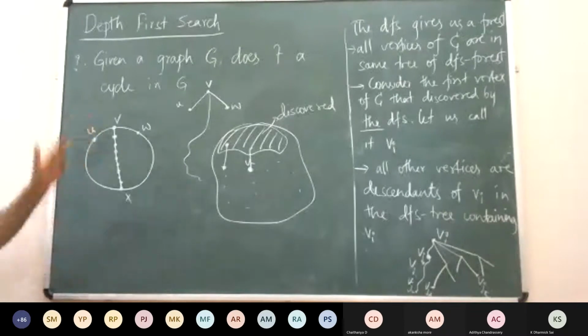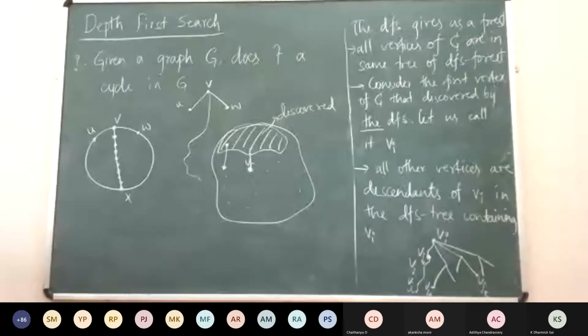Right. So that is one way of looking at it. Basically, you don't need this ancestor-descendant relationship so much. But coming to the previous question, notice that U and W need not have an ancestor-descendant relationship in the DFS forest.